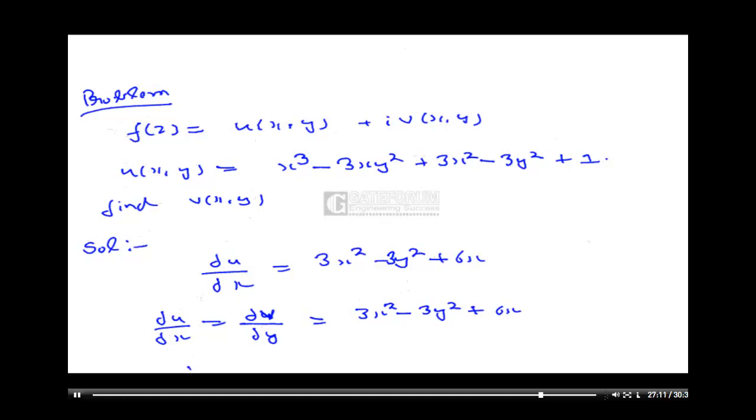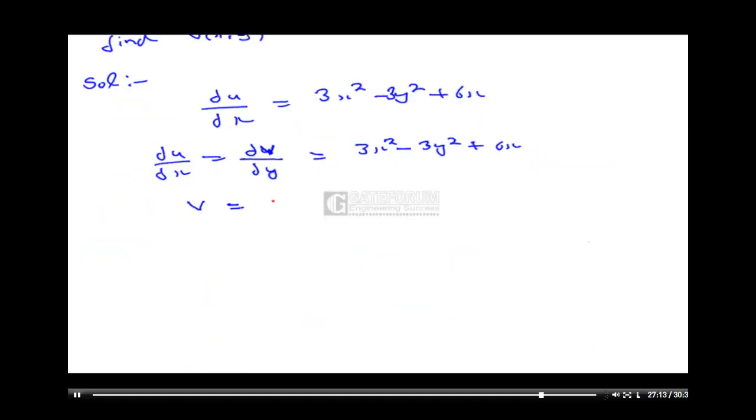From this I'll get v equal to 3x square y minus y cube plus 6xy plus some function of x plus some constant, because when I differentiate v with respect to y, this function of x will become 0.